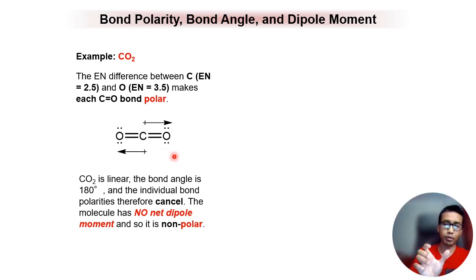So the C-O dipole moment to the right and the C-O dipole moment to the left cancel each other out. So even though carbon dioxide has polar bonds, two C-O polar bonds, since they are exactly in opposite directions, these two dipole moments cancel each other out, and the net dipole moment is zero. And that's why carbon dioxide is a non-polar molecule.